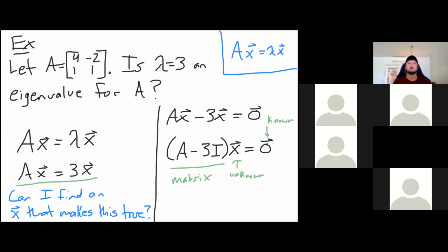It's just a matrix with all zeros. So now I have this set up to where I can actually solve this thing. I have ways to solve it. Can I find a solution for A minus 3I times x equal to 0? We're going to do that, but questions yet?